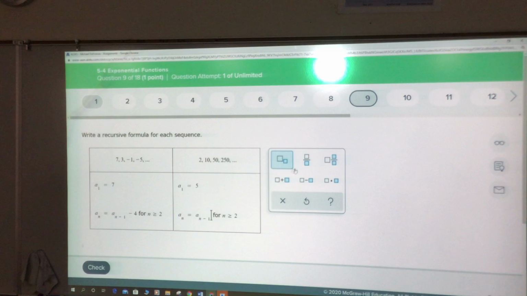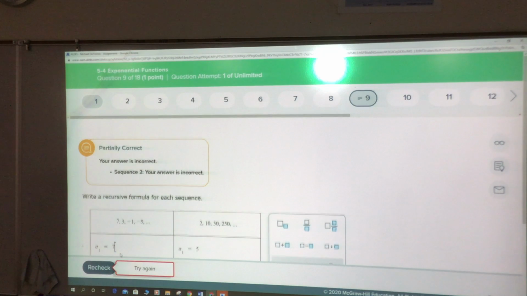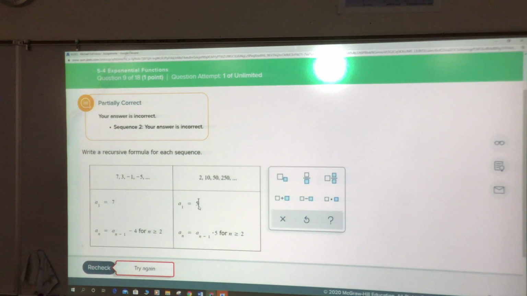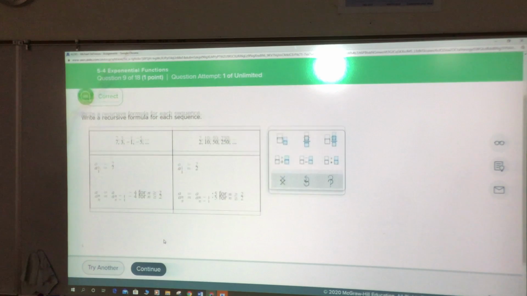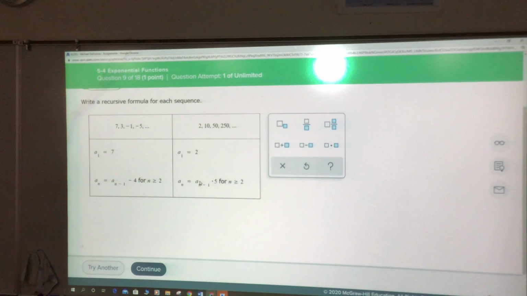And then we're going to use the times 5 button. Whoops, I hit 7. Said 5. Okay, so here we go. Oh, I said 5. It's 2. Okay, that wasn't hard to fix.